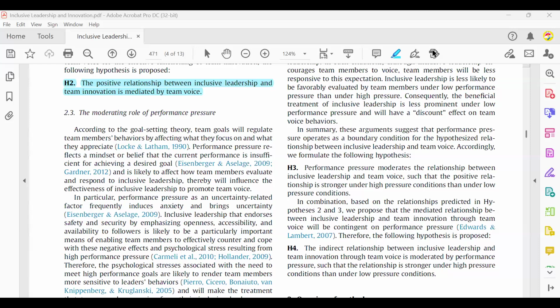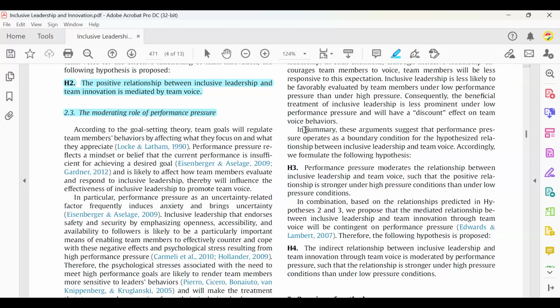In this article, as you can see, after hypothesis 2, the next section is about the moderating role of performance pressure. Again, as you can see, there is literature that is cited to support how performance pressure might impact this relationship.